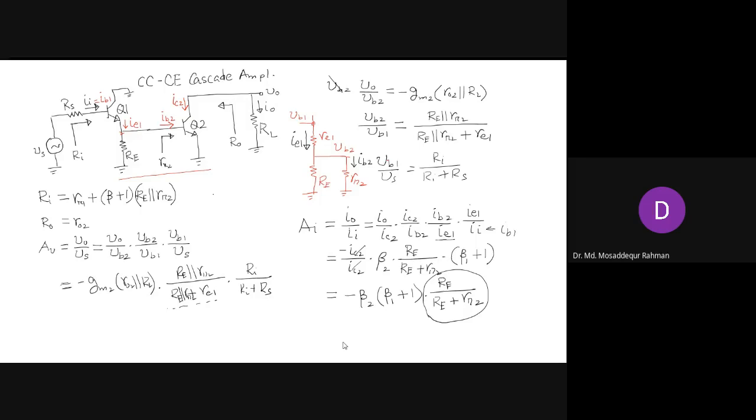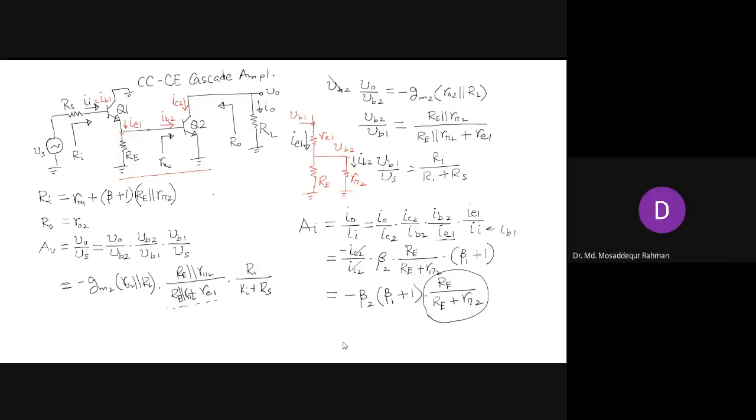So when you put RE, most of the voltage that will appear here will be governed by the value of RE rather than R pi, or a parallel combination of it. So that depends on your design requirement. And sometimes also, instead of keeping this node floating, if you put RE here, that will give you more stable performance, because without RE that point, the emitter point, is floating. Is that clear? Yes, sir.